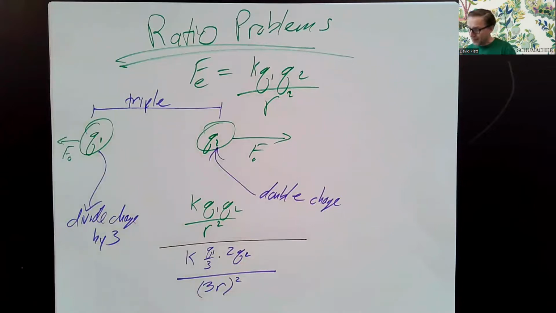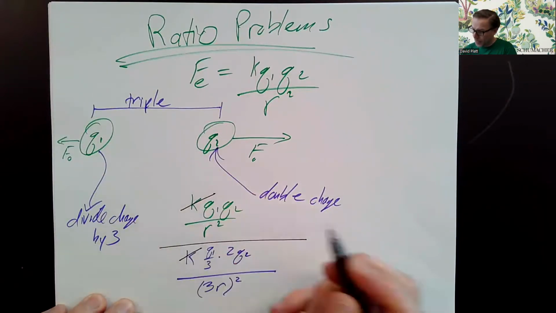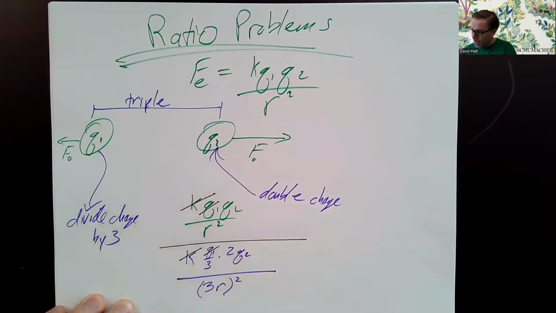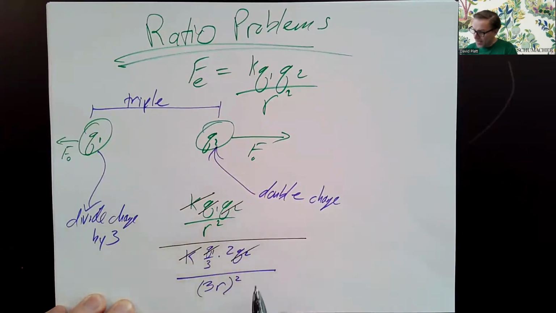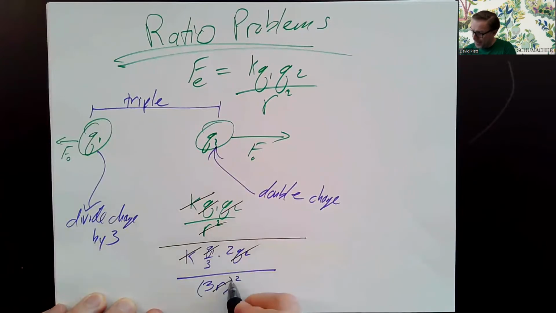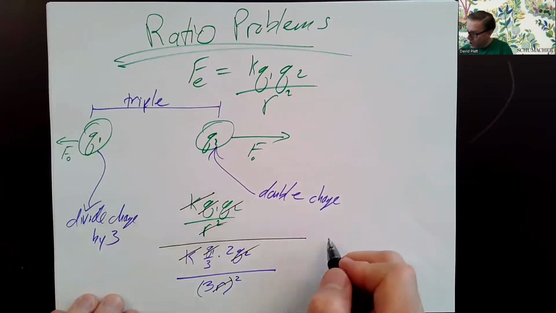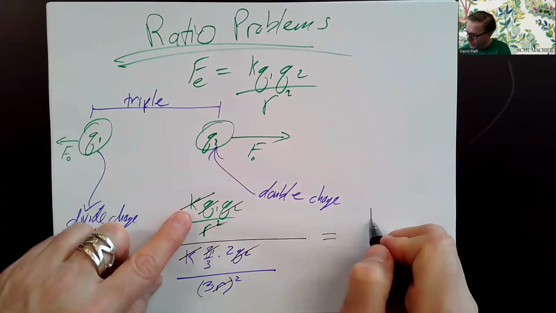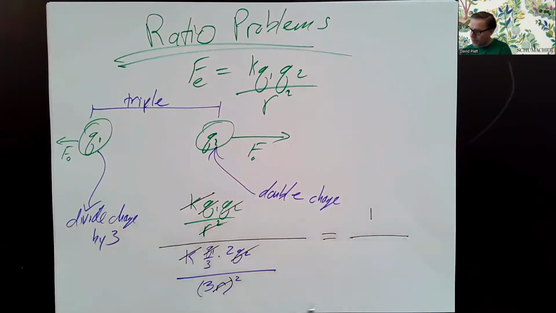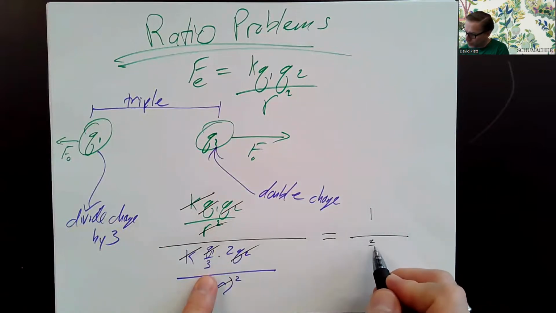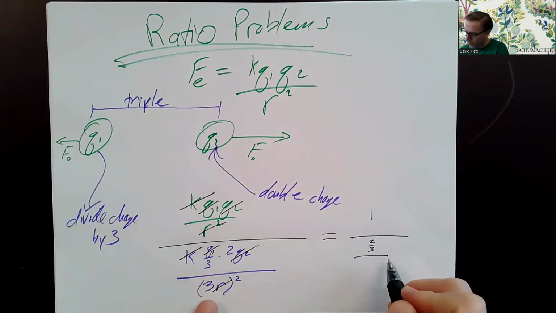So what I see is that the K's cancel, and the Q1s cancel, and the Q2s cancel, and even the R squared cancels. Wow. And all I'm left with in the numerator is 1. And in the denominator, I have 2/3 over 9.